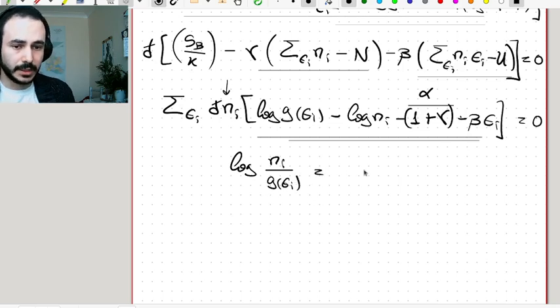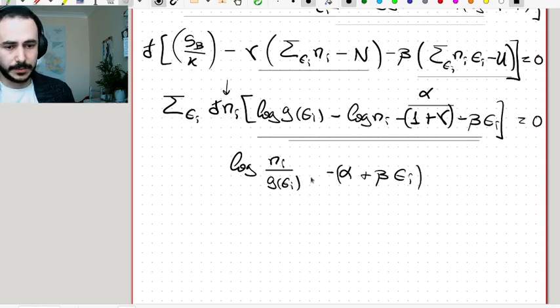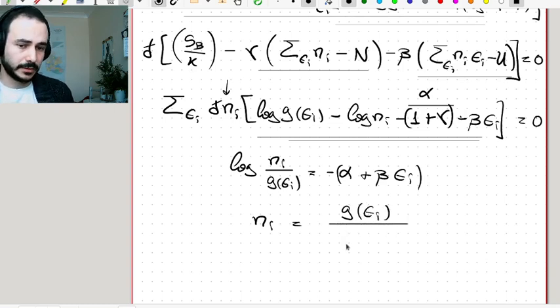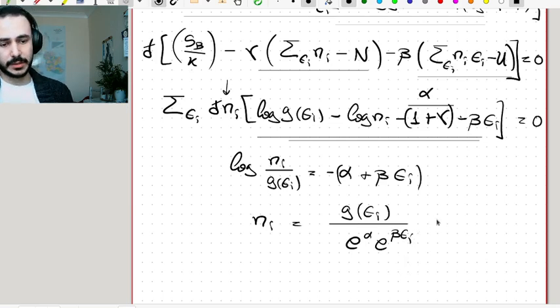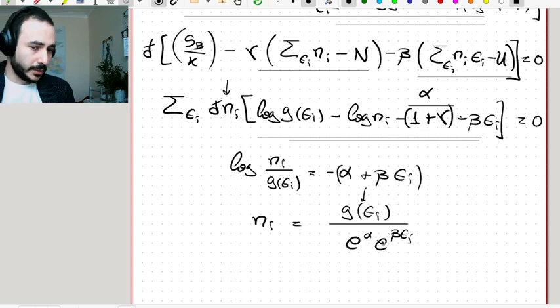This thing has to be equal to the rest that I'm putting on the other side, which is alpha plus beta ei, with a minus sign. I exponentiate the whole thing. What I get is that ni equals g of each level divided by e to the alpha times e to the beta ei. So you see that the only difference with what we had found before is that this was equal to 1 before. Now it's just sitting there explicitly.